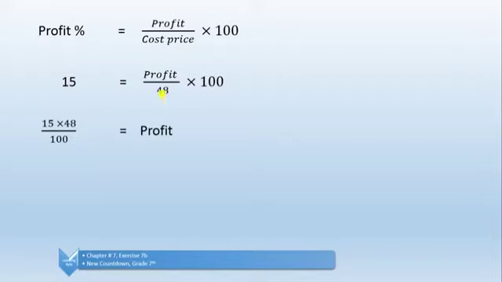Now we will shift 48 from right hand side to left hand side, and when 48 is shifted from right hand side to left hand side, it will multiply with 15. Now 100 is multiplying over here at right hand side, but when we shift it to left hand side, then it will be divided.